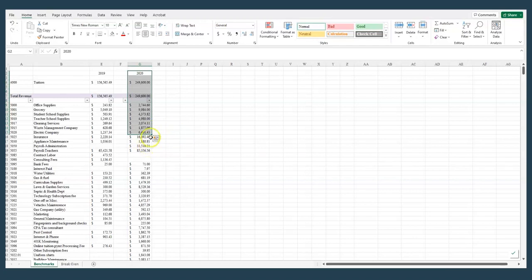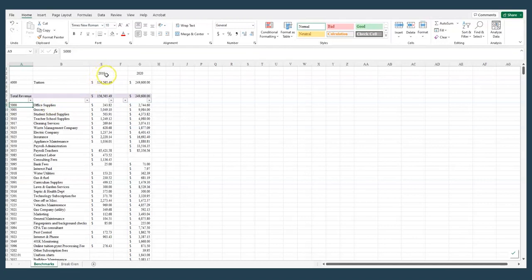So usually I would want to look at at least a quarter or at least a full year in order to determine an average. Here we've started with our income statement. We have our tuition for 2019-2020, and this is my dummy spreadsheet that I use.